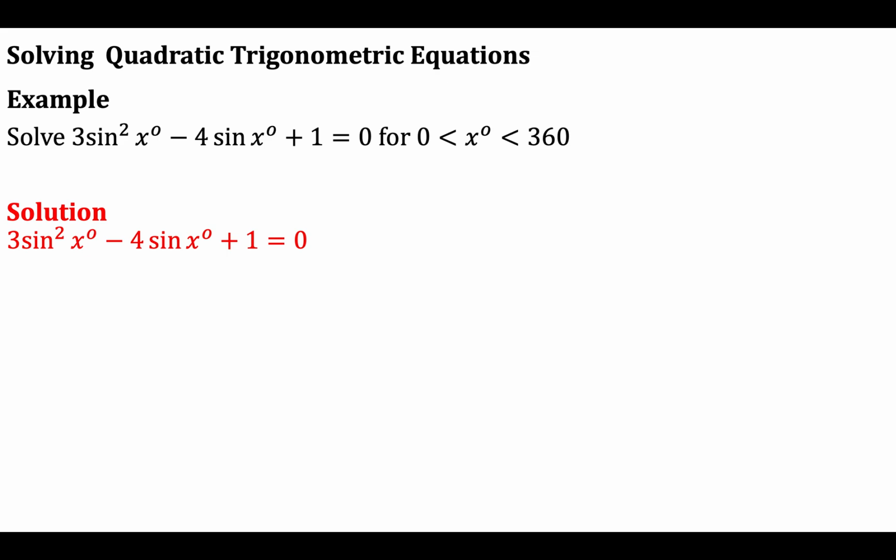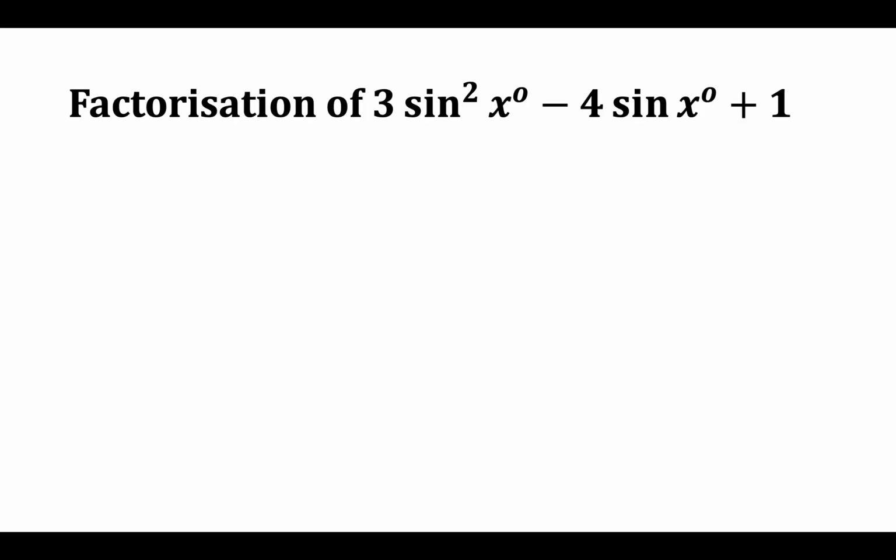Now, we should know already that in order to solve a quadratic equation when it's equal to 0, we need to factorise the left hand side here. So I'll do this on a separate slide and do a wee bit of factorising revision, just for anybody that needs it.